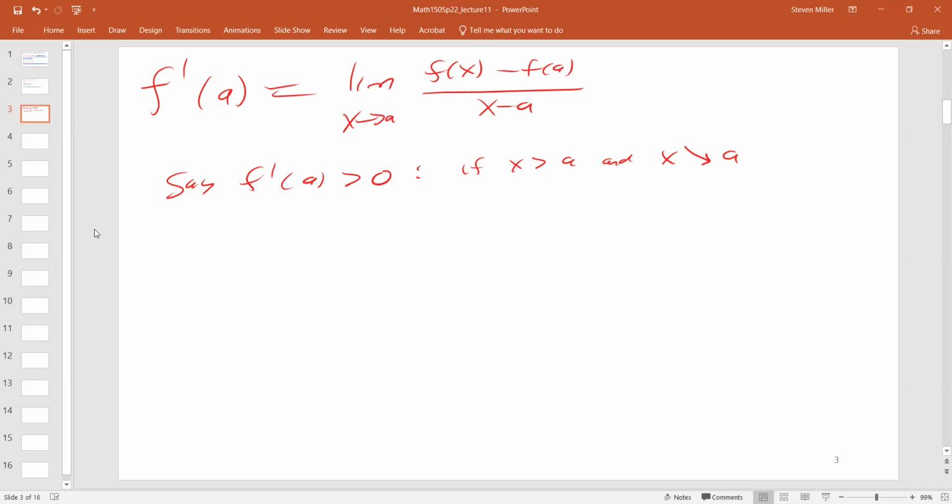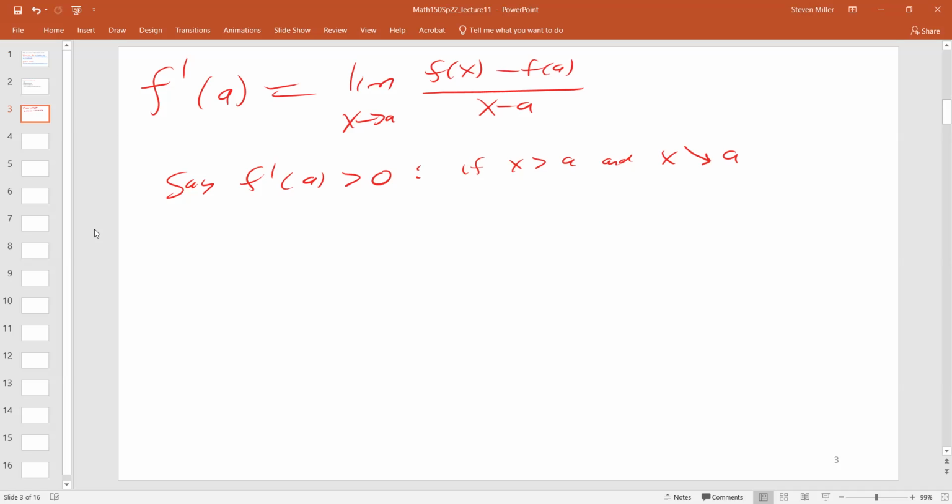Well, if x is greater than a, the denominator is positive. The limit is positive. So what do you know about the numerator? It's positive. That's all you know. You don't know anything about the magnitude. If f prime of a was 7, then eventually the numerator should be approximately 7 times the denominator.